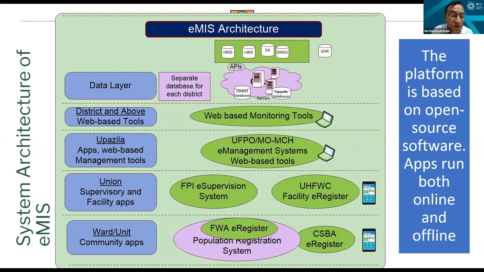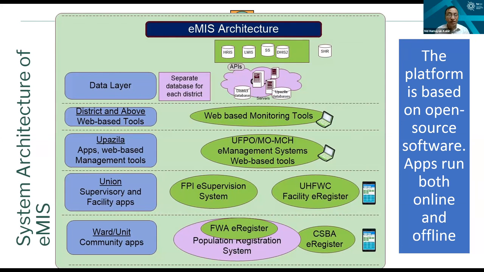If you look at the layers, we start from community level, which is the lowest administrative unit of the government of Bangladesh. There are people called FWAs, or Family Welfare Assistants, and they use registers. So the whole register was converted into e-registers, from paper to electronic, and our aim was to automate their full business process.